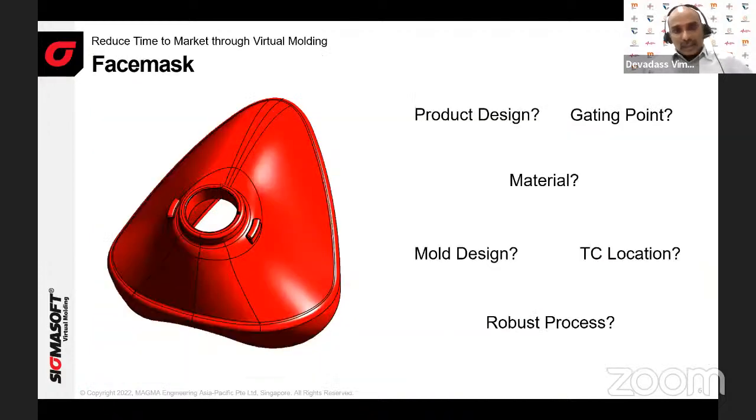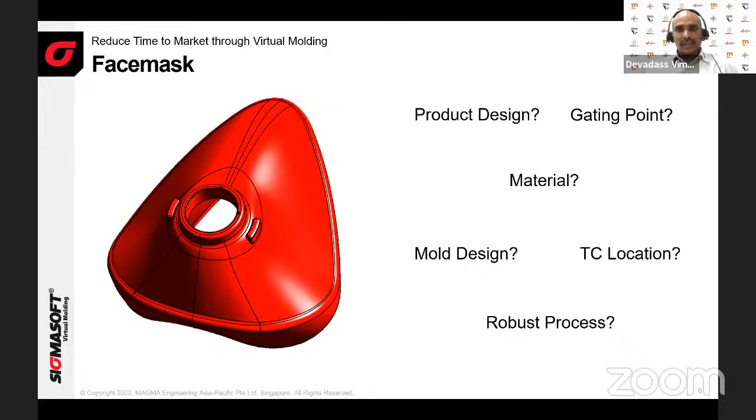Let's start with this design. Once we finalized this as the product we were going to produce, we started the product design. But once we had the design, we didn't know where to put the gate and which material is best for mass production, because it's not for a few people, it's going to be produced for many people.